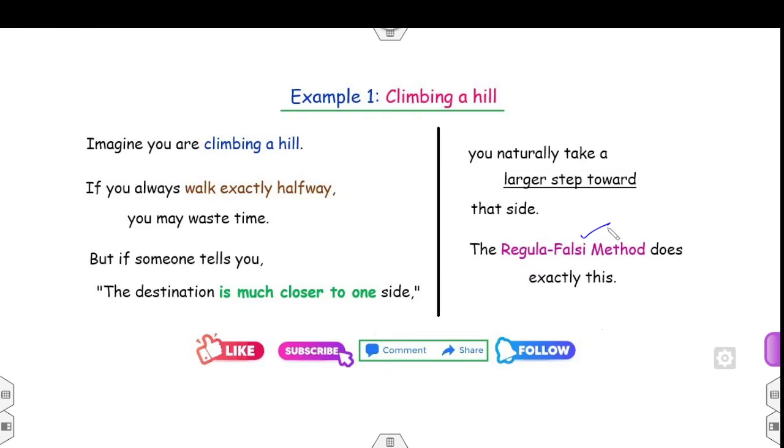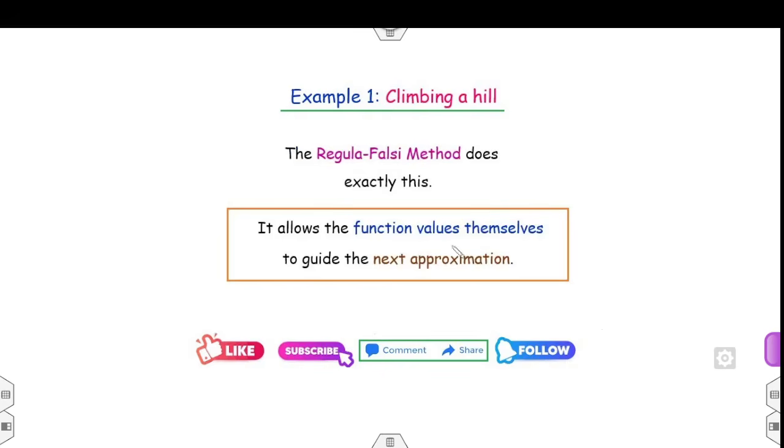The Regula Falsi method does exactly this. That means it allows the function values themselves to guide the next approximation. That means f of a and f of b will provide you the appropriate solution.